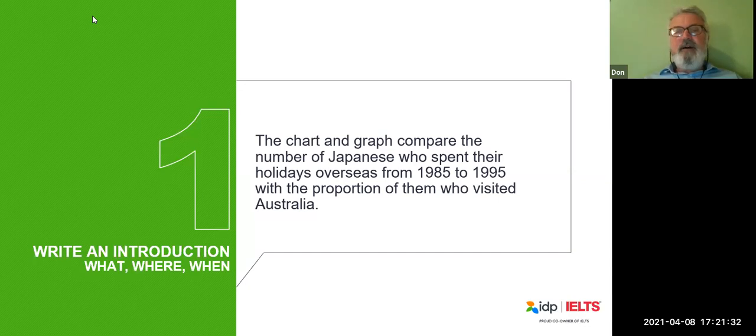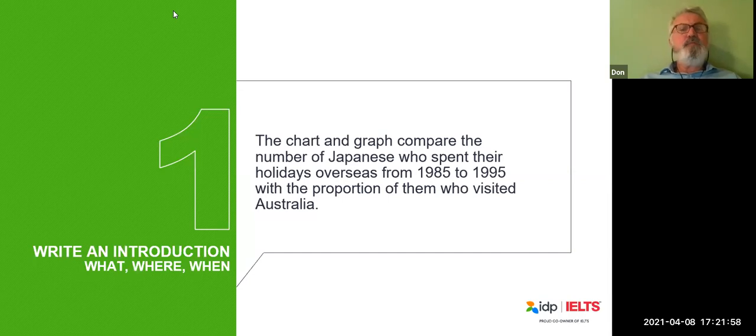The first paragraph is the introduction, of course, and it uses different words to the words that were given in the task. It doesn't talk about tourists or Japanese traveling overseas. It says Japanese who spent their holidays overseas. It doesn't use the word percentage.